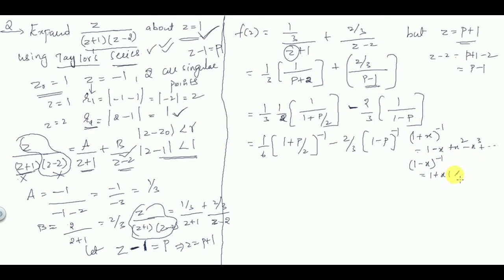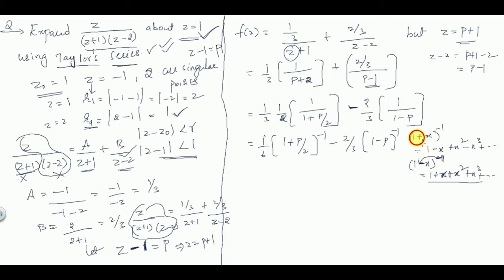1 + x + x² + x³ and so on. Okay, so if you have a negative term here and negative here also, so minus into minus, so in order to just remember, I am telling you the shortcut. If both are minus, then you have all positive terms.